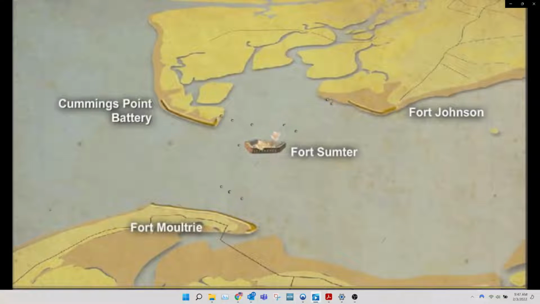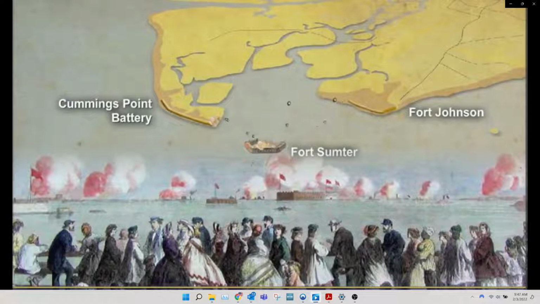The Civil War had begun. At daybreak, Union forces opened fire in response. Charlestonians watched as the bombardment of the fort continued for 34 hours.